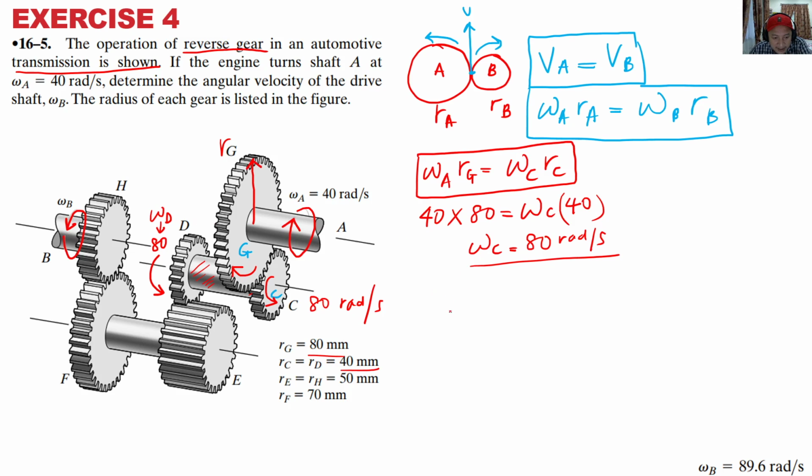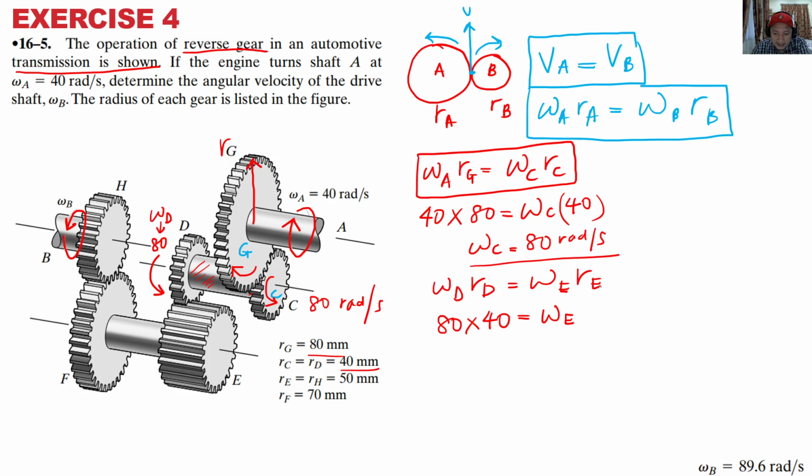So the next formula will be omega D times RD equals omega E RE. Are we looking? This one is not correct, this one is wrong. RD is 40.